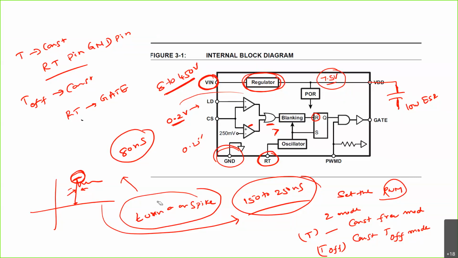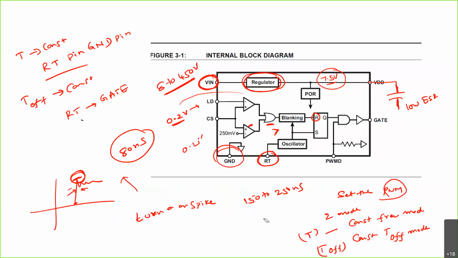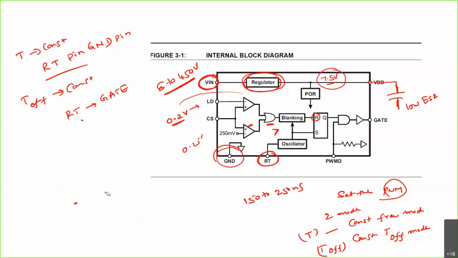So generally, if you are using a peak current control, which method is preferred? Will T be kept constant, or will the off time be kept constant? The constant frequency mode will be preferred.